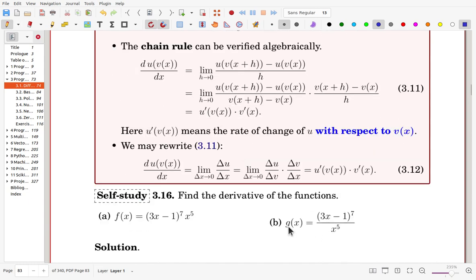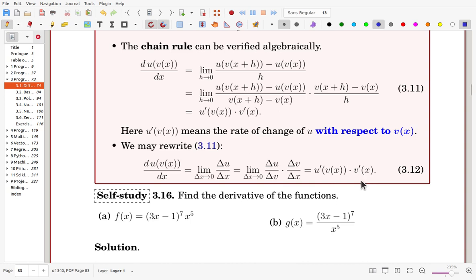Okay, here we may rewrite this equation in this form. Here is the limit as delta x approaches 0 of the change in u divided by the change in x. Now that can be written with the change in v multiplied in the bottom and multiplied in the top. So each one now has a limit, and in this way we can get the final result.